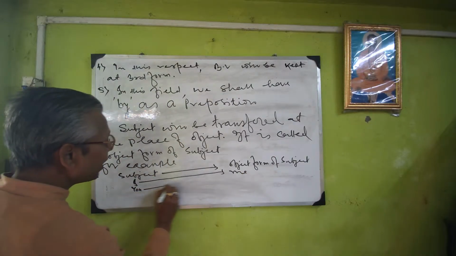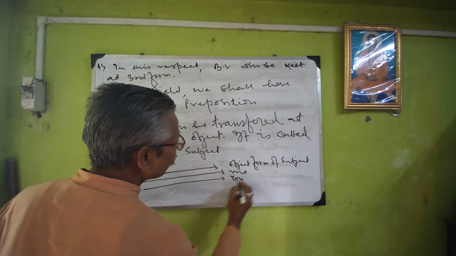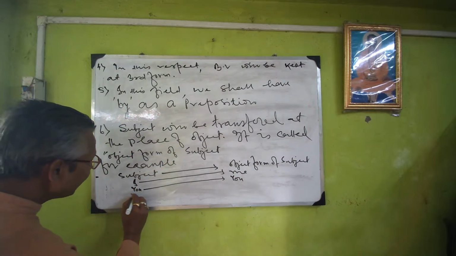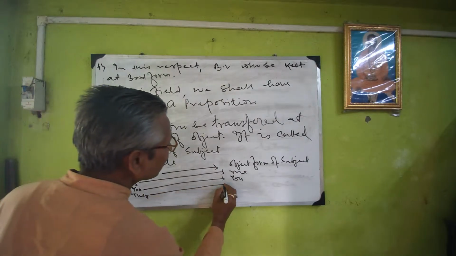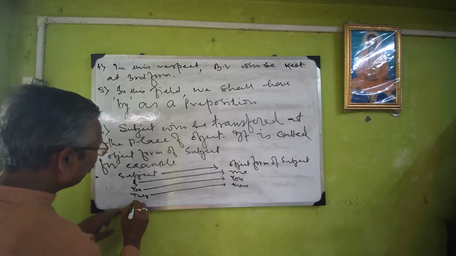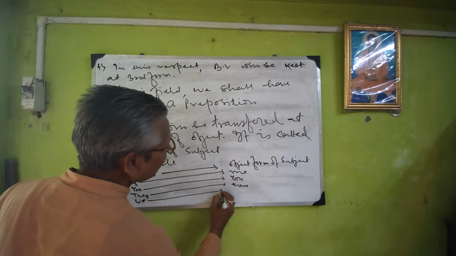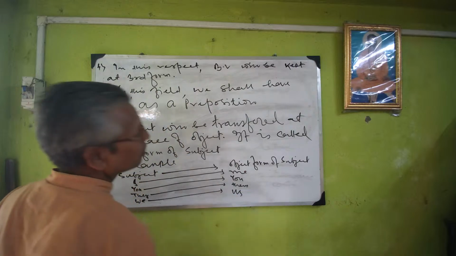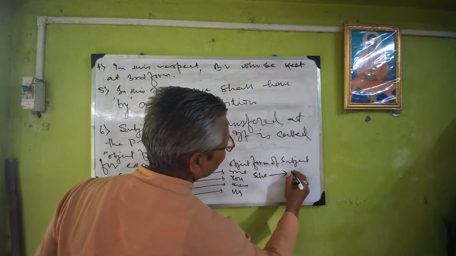You, arrow hyphen, you. They, arrow hyphen, them. We, arrow hyphen, us. She, arrow hyphen, her.